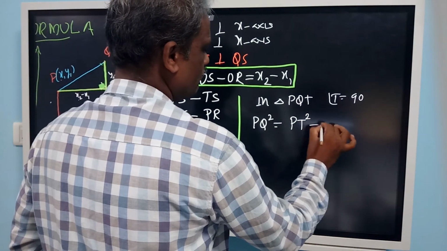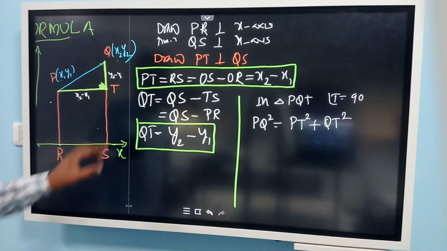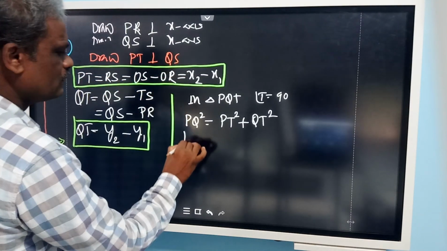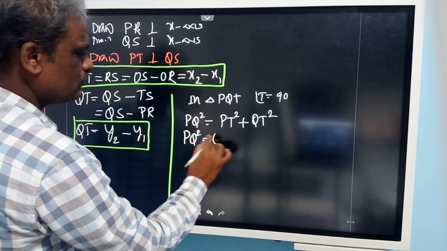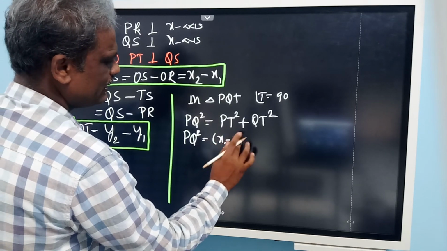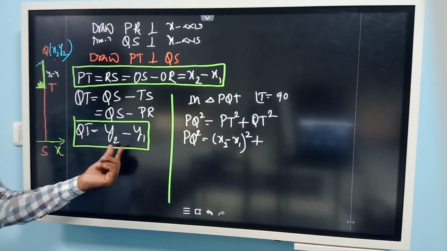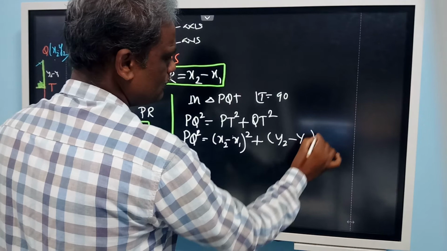PT is x2 minus x1 whole square, and in place of QT I write y2 minus y1 whole square.